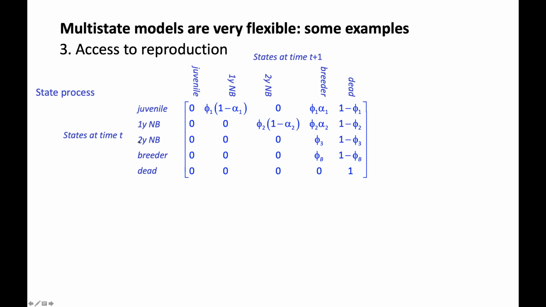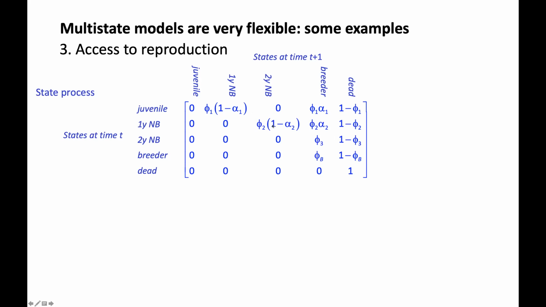And then from age 3, so 2-year-old non-breeder individuals, all individuals will reproduce, and they just survive with some probability. And when you're a breeder, you survive with another probability. By doing that, imagine that you increase the number of age classes.